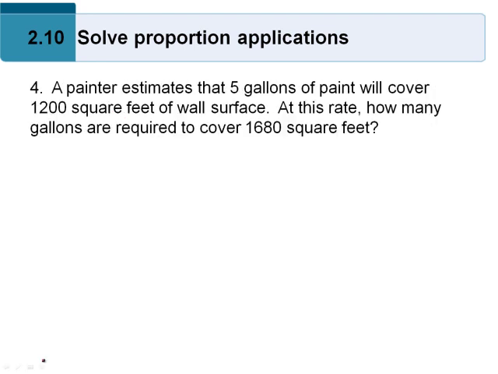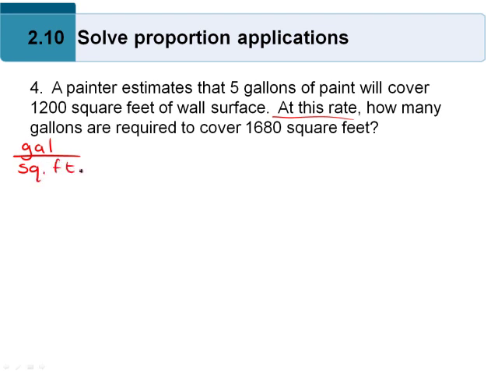Number 4. A painter estimates that 5 gallons of paint will cover 1,200 square feet of wall surface. At this rate, there's those 3 words again, how many gallons are required to cover 1,680 square feet? So we've got gallons of paint over square feet.